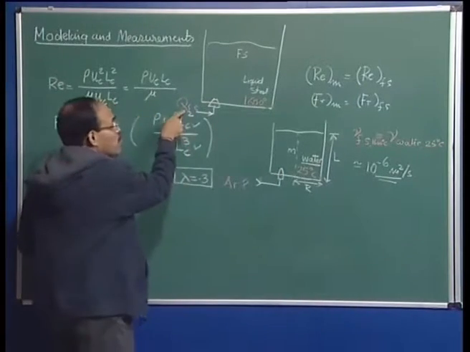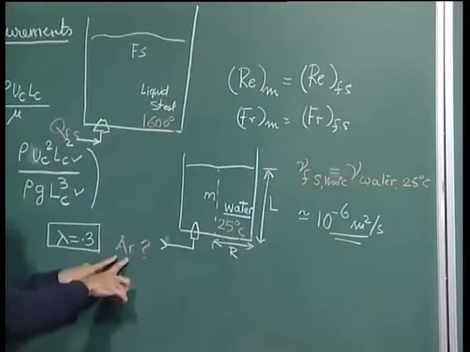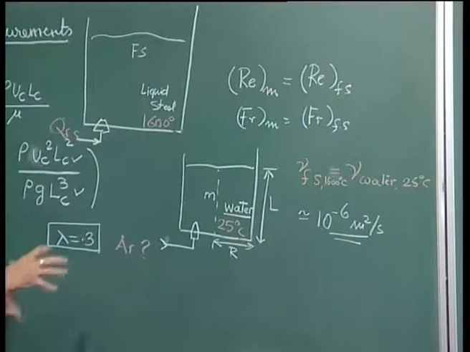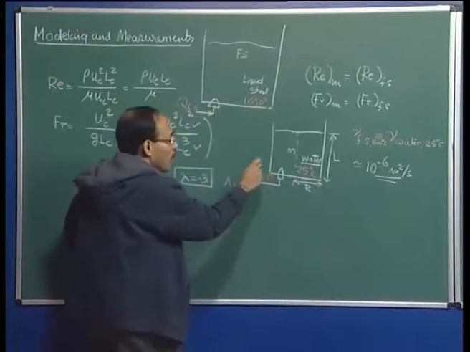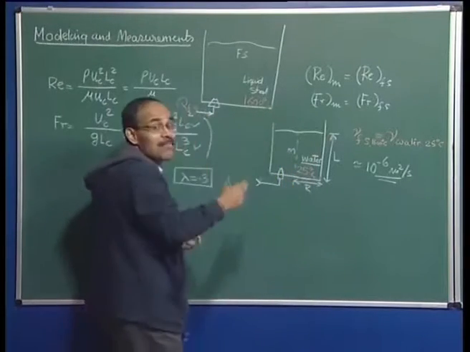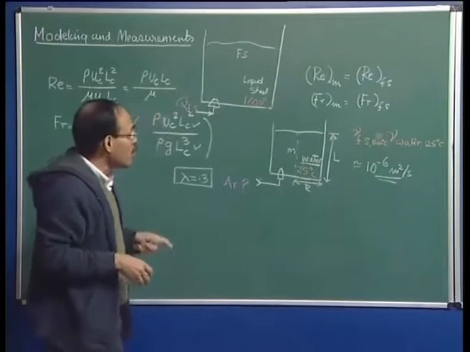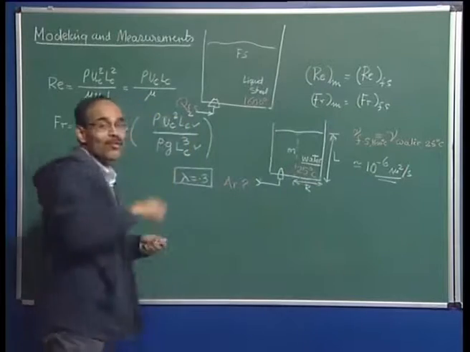The flow rate in the full scale is known to us. This is not known to us, and it will be known by considering these two equalities and the necessary flow rate which will have to be injected in the model and which will generate a flow pattern in the system that will make this system dynamically similar with the full scale system. So, by consideration of the dynamic similarity criteria, the flow rate is going to be derived.